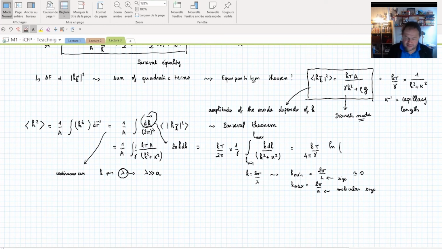And we can take it close to 0. We can say that this will be small. And if we say that, the amplitude h square we can calculate.